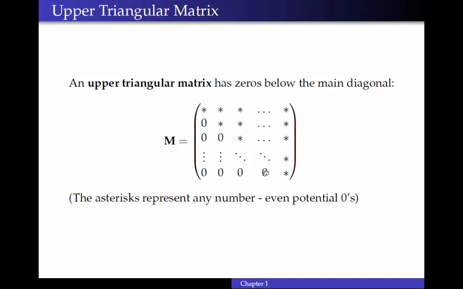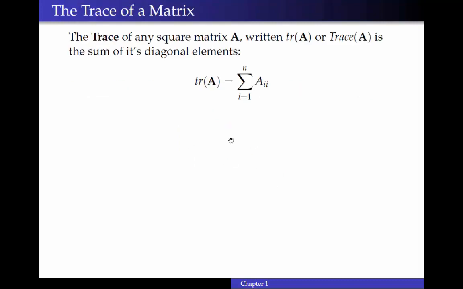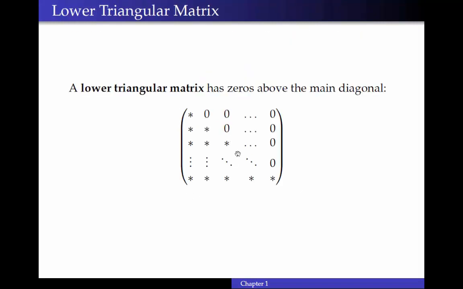The only thing that's necessary is that below the main diagonal, every element is 0. Similarly, a lower triangular matrix will have zeros above the main diagonal. So all of the potentially non-zero elements are in the lower triangular portion of the matrix.